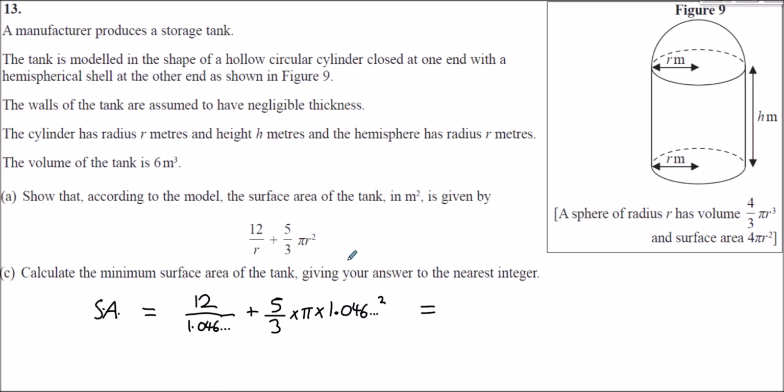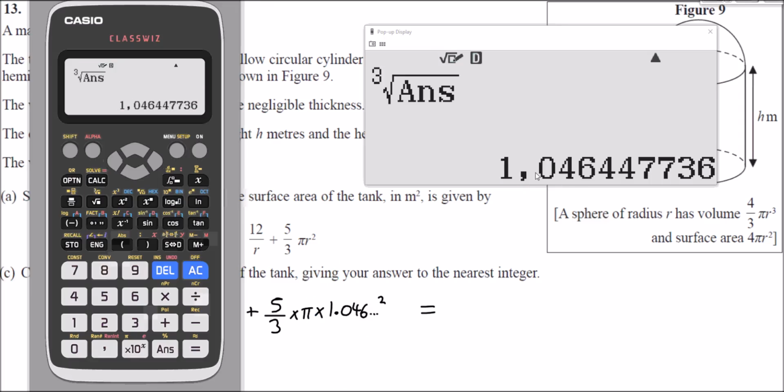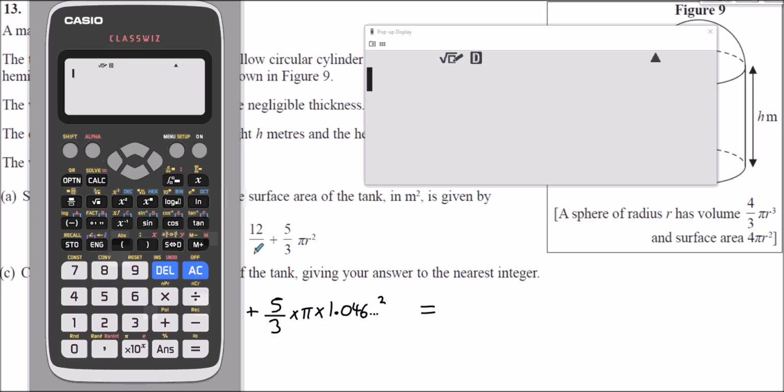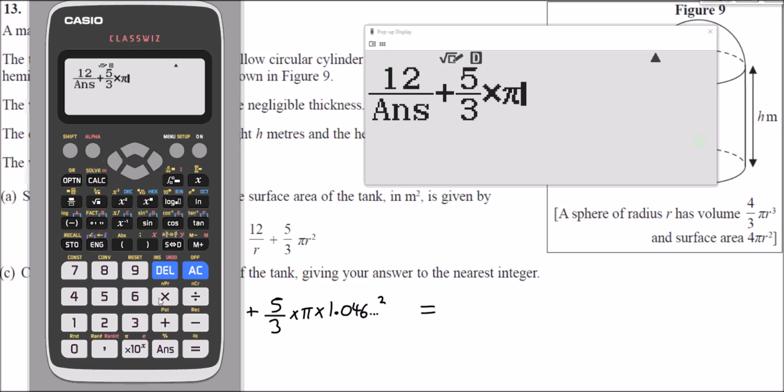Because we've got a calculator, we can do this very efficiently. Essentially, we've just worked out the radius which will generate the minimum surface area for the cylinder. So we have r stored in our calculator memory. If we type in exactly as it looks, replacing r with the ans function, in other words our stored r, which is exact, so 12 over the answer plus 5 thirds of pi times the radius squared, which is my previous answer squared.